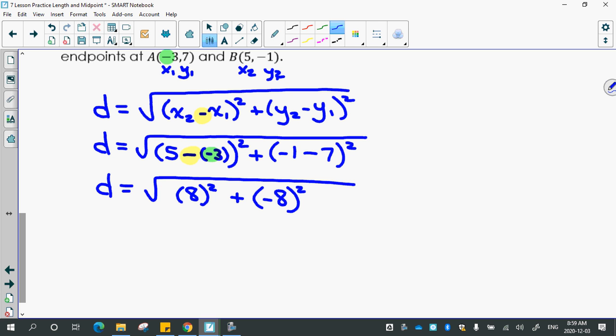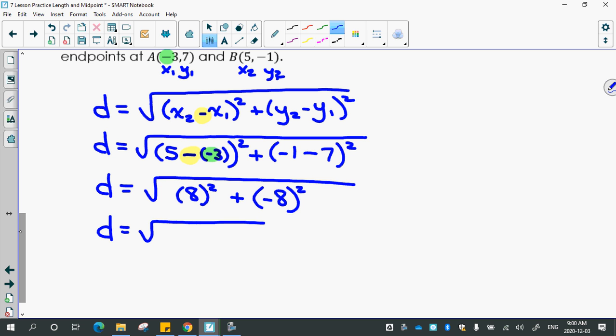And I want you to be really sure in your mind what happens when you square a negative number. Negative times a negative is a positive, so when you square a negative number, you get a positive. Make sure you remember that when you're typing it in your calculator.